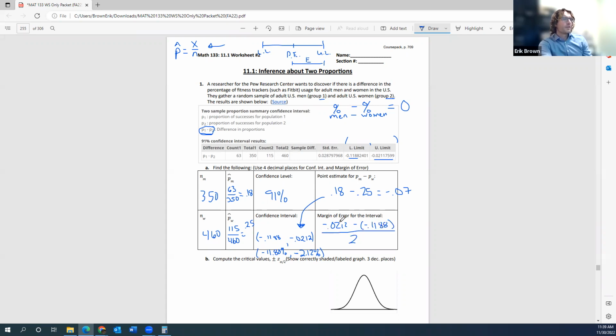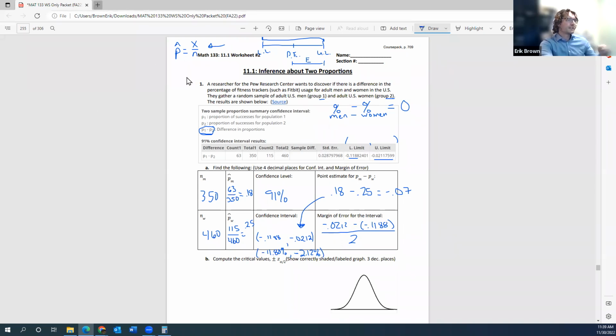So in other words, this difference, this subtraction, is the distance between the limits, called the width. When we divide that by 2, we get the distance between the point estimate and either of the limits. So up here, we should be adding the 2 limits together and dividing by 2. That gets us our point estimate. Down here, you should be subtracting.